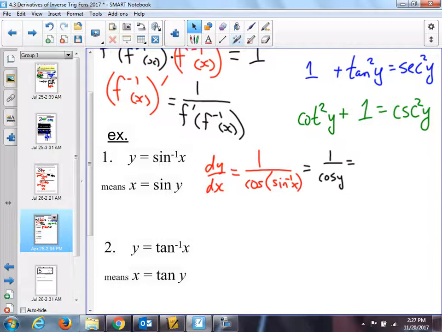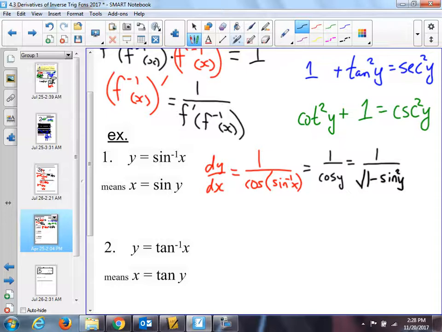You guys follow me on this? So I'm applying the Pythagorean identity at this point, right? And so then we say 1 over the square root of 1 minus sine squared y.